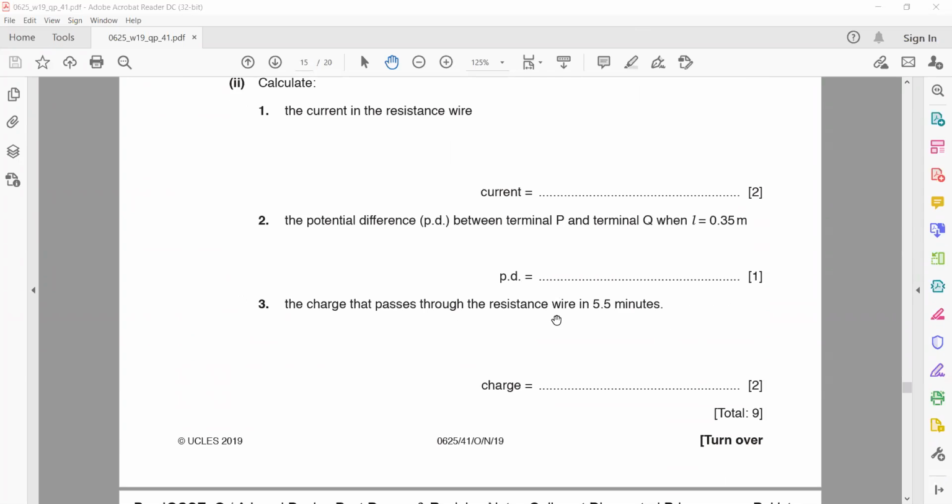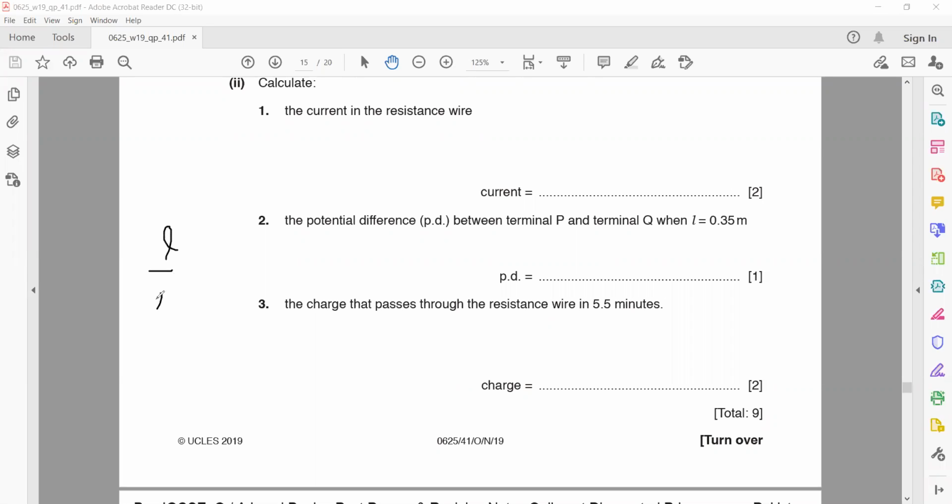I used L equals 0.35, and previously they said when length is 1 meter, the resistance is 7.6. So I used the ratio of resistance, and then I used the ratio of voltage to resistance. Why was it wrong? The answer came out wrong. The marking scheme was different. Is it a correct way? No, that's the same way, because the ratio of the resistance, the ratio of the voltage, and the ratio of the length will all be the same.